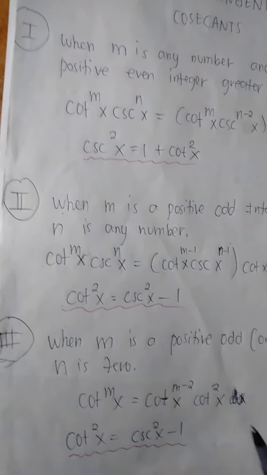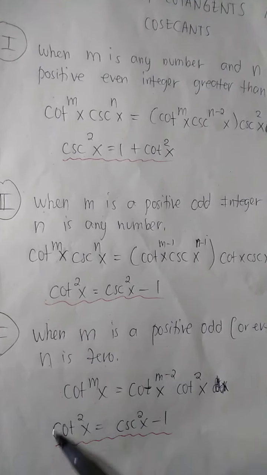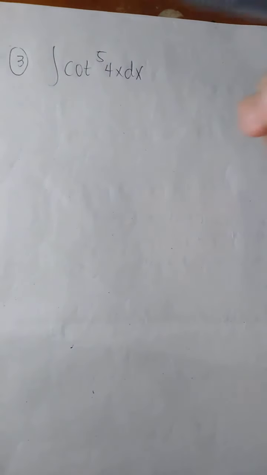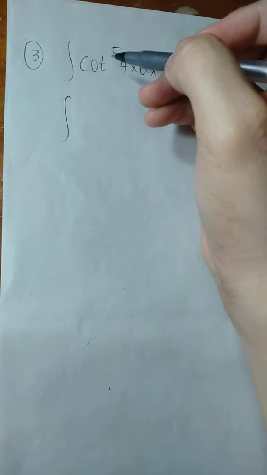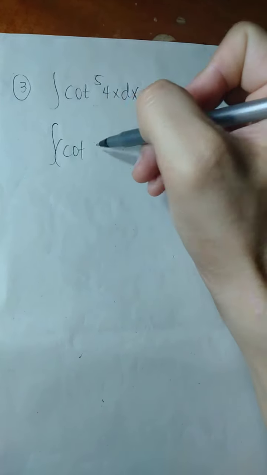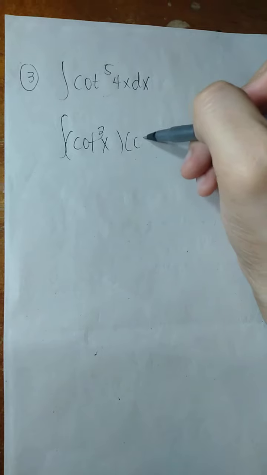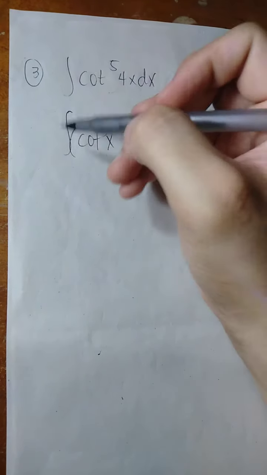So case number 3. We'll factor out cotangent squared x and we replace cotangent squared x by cosecant squared x minus 1. So yun yung magiging transformation natin. Okay, first step. So factor out tayo ng cotangent squared x dito. So pag squared, cotangent cube na lang yan, then cotangent squared x dx.